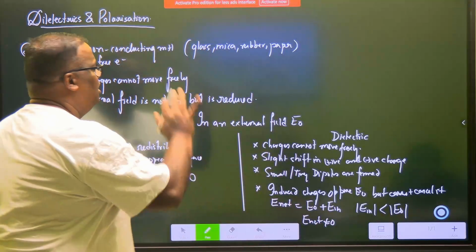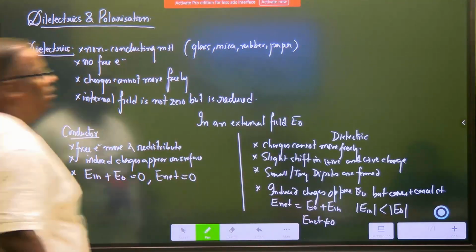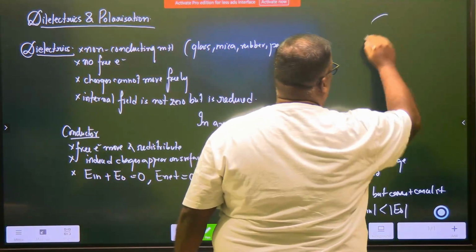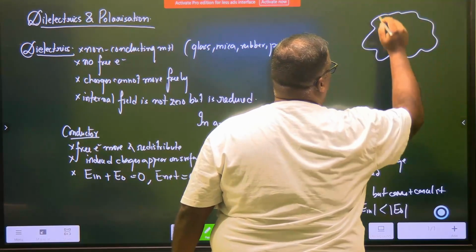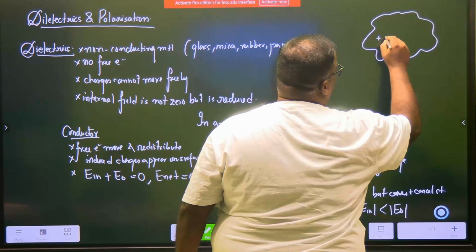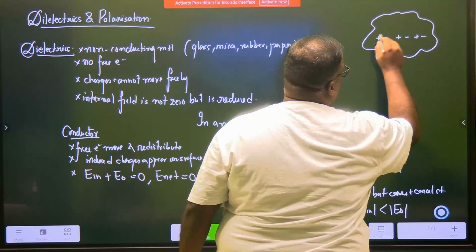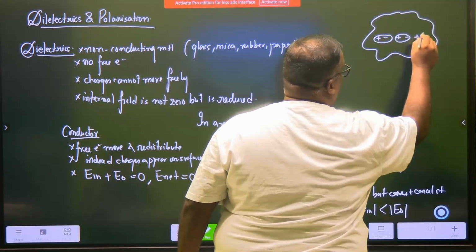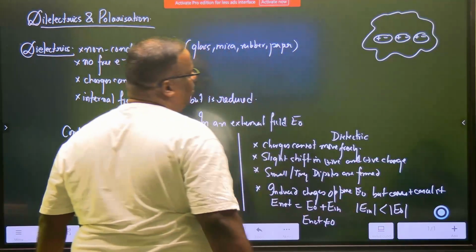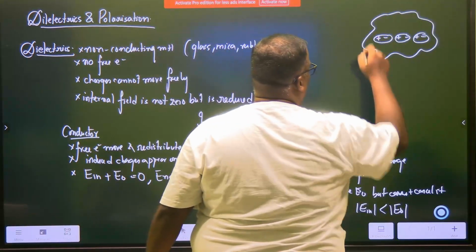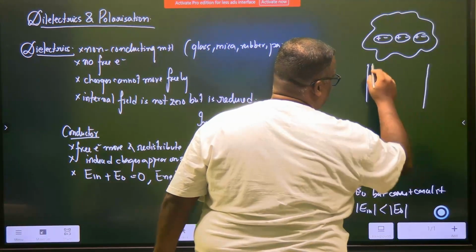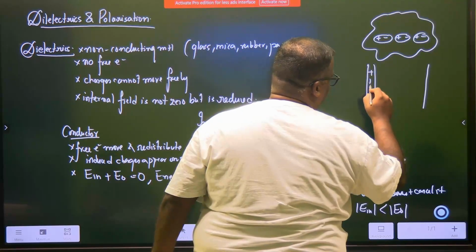Children, just understand this. A dielectric is a substance like this. Inside the dielectric, the positive and negative charges will just have slight separations. So these will be individually like a dipole. Why they form a dipole, that we will see now. Due to these dipoles, if you consider a surface like this, on the surface there will be plus signs coming up.